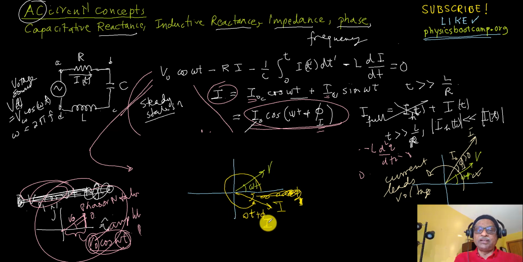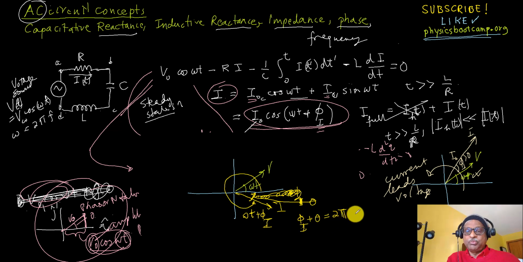So I can write phi I is a negative number, and phi I will be modulo 2 pi. So if this is the angle, say some theta, then phi I plus theta is 2 pi, right? And then phi I is just 2 pi minus theta.